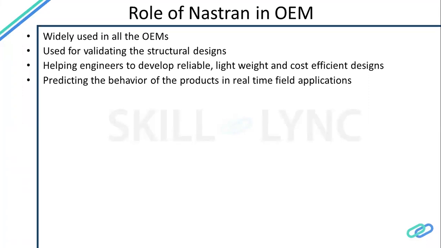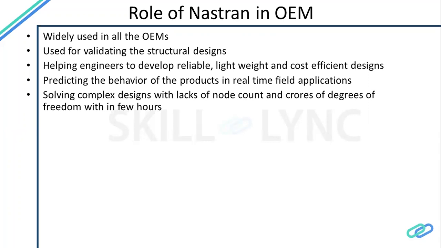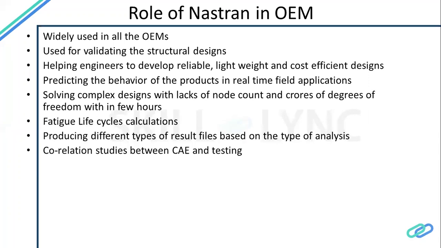In automotive and aerospace, there are plenty of components, a huge number of components, that are to be analyzed, validated and tested. These are the industries: automotive, aerospace, marine, medical. These are the places where Nastran is very helpful for engineers.